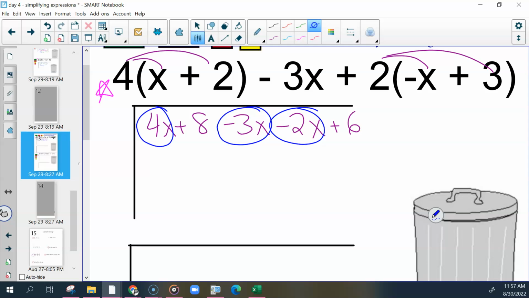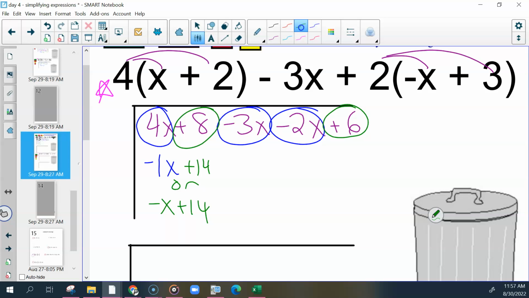How many x's would that give us? Negative 1x. Or just negative x. And then 8 plus 6 would give us what? 14. So all of those things simplified to become these two terms. Negative x plus 14.